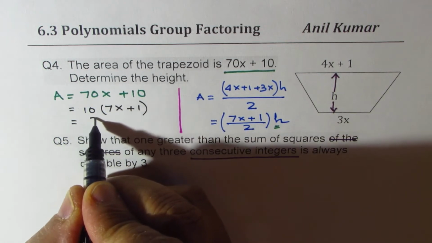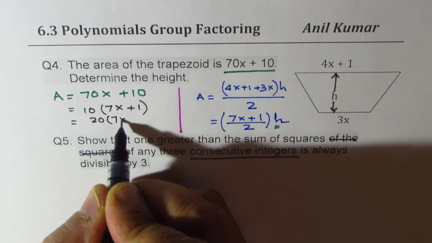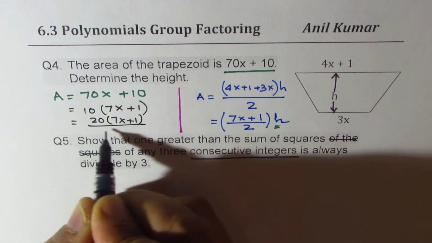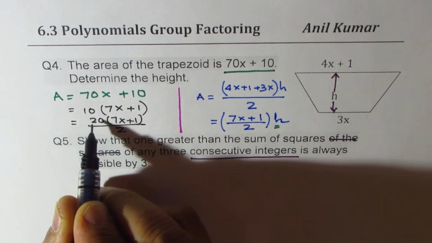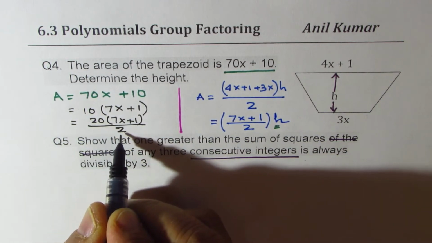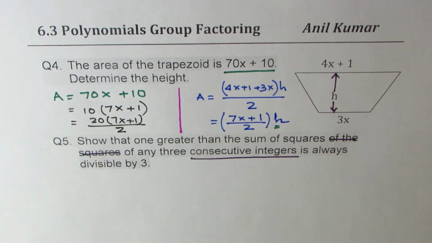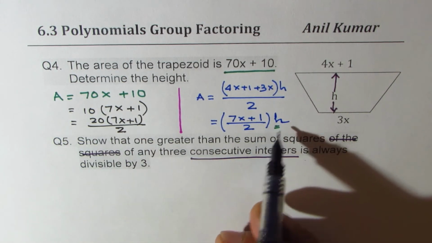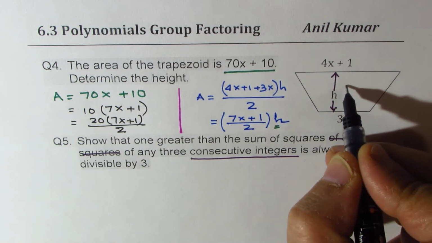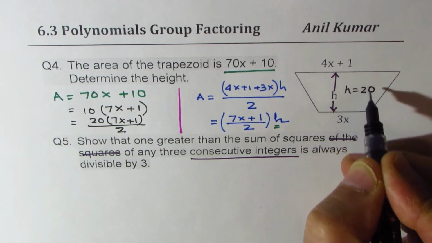I could write this as 20 times (7x plus 1) divided by 2, right? 20 divided by 2 is the same as 10. If you compare, you get height equals 20. Do you see that part?